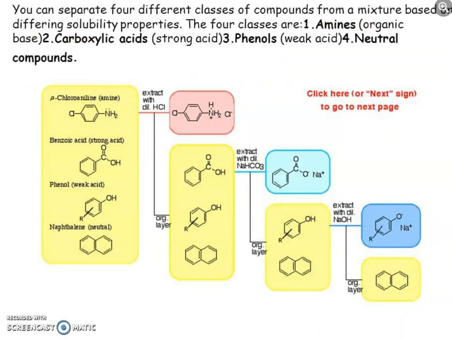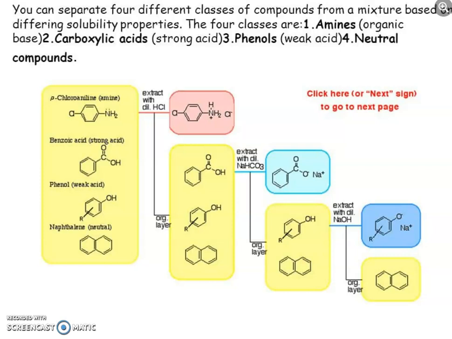You can separate 4 different classes of compounds from a mixture based on different solubility properties. The 4 classes are amine, an organic base; carboxylic acid, a strong acid; phenol, a weak acid; and neutral compounds. So if you have naphthalene, phenol, benzoic acid, and para-chloroaniline, stack with dilute HCl and you will separate the amine.